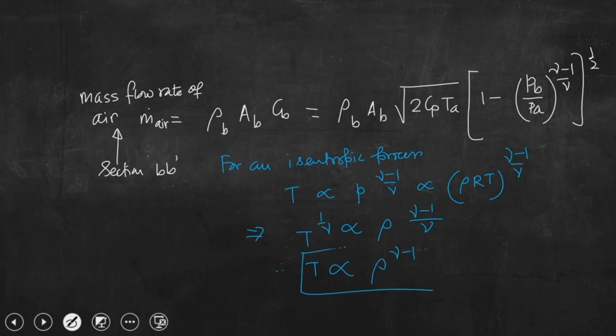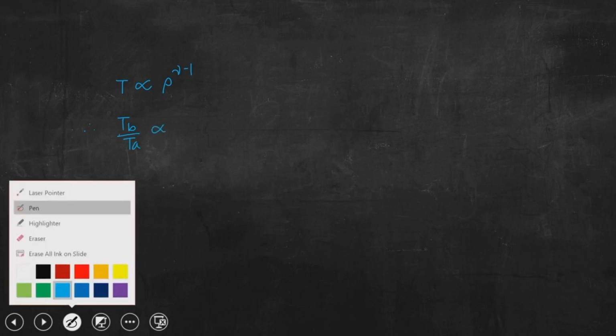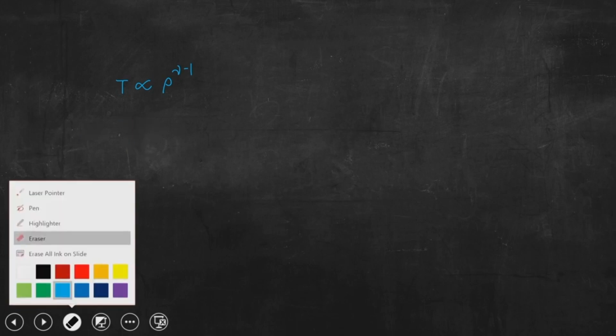If we go to the next slide, we can write that T is proportional to rho power (gamma minus 1), therefore Tb by Ta is rho b by rho a power (gamma minus 1).